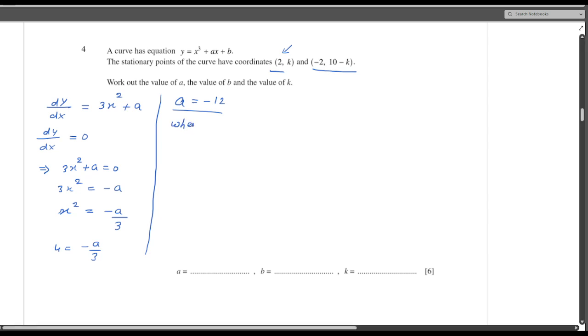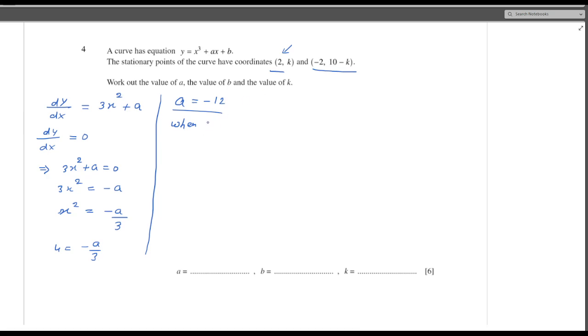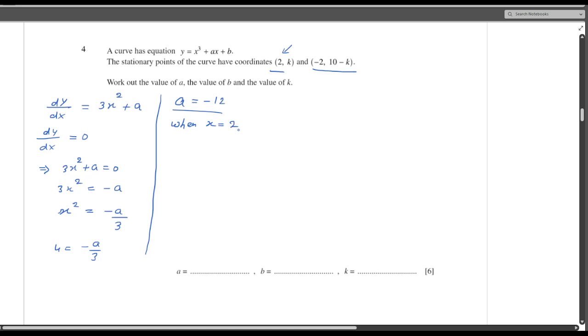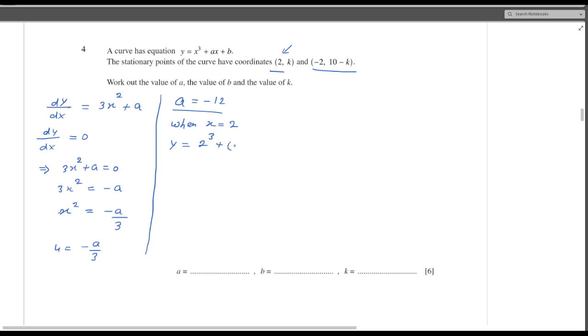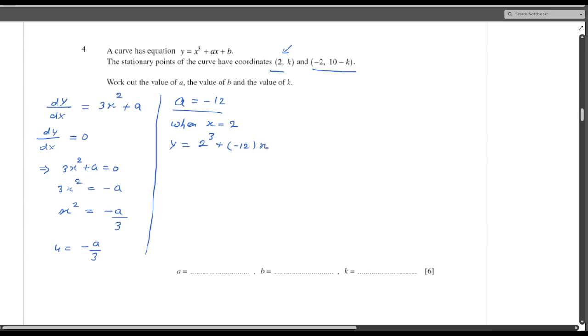When your x is 2, your y value will be equal to 2 cube plus the value of a, which is minus 12x, plus b. I can find b from this y. Now when x is 2, the y value is k, so k is equal to 8 minus 12x plus b.